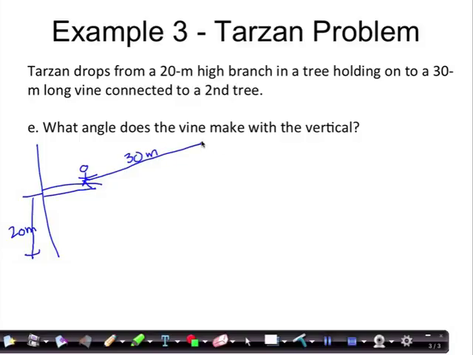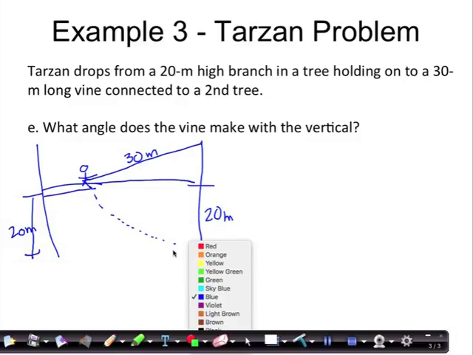So if we went ahead and drew this, we can see that this is 20 meters up. So if the vine is 30 meters long, when he holds onto the vine and falls down, we can see that this is also a total height of 30. So 30 minus 20 gives us 10 meters here, and this is a right angle.